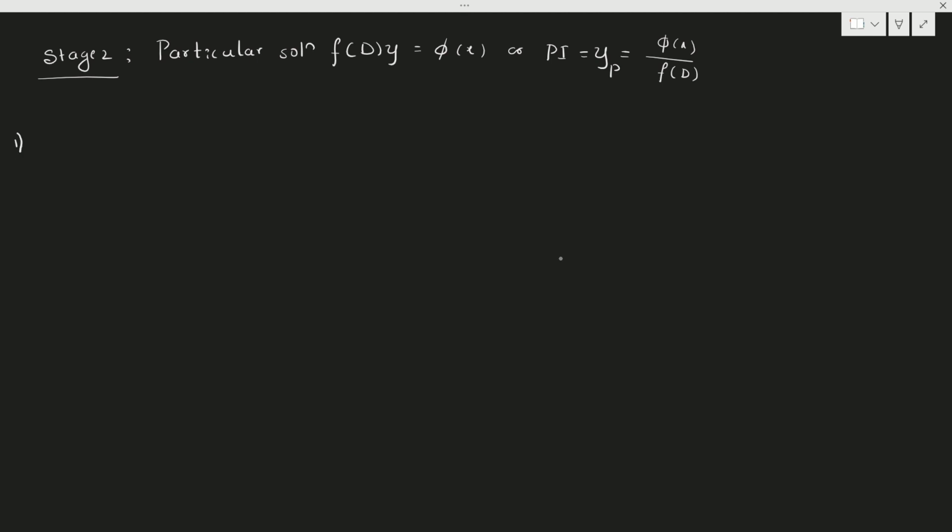In the first one, type 1 is e raised to ax divided by f(D). If yp is of this form, then in place of e raised to ax you may have e raised to ax plus b, or a raised to x, which is nothing but e raised to log a into x.